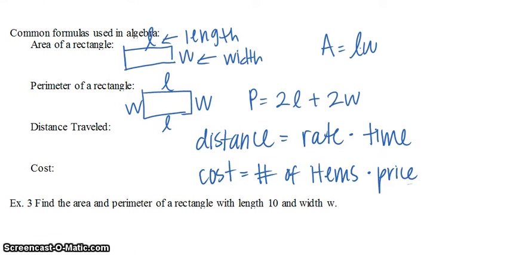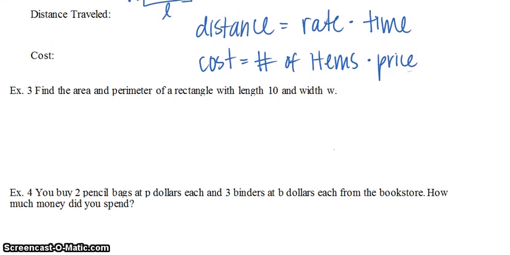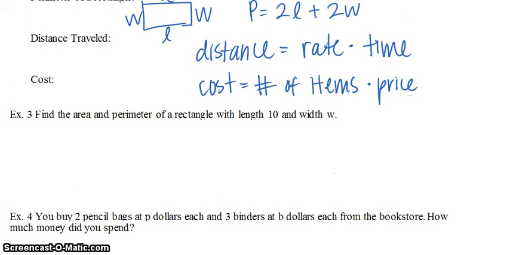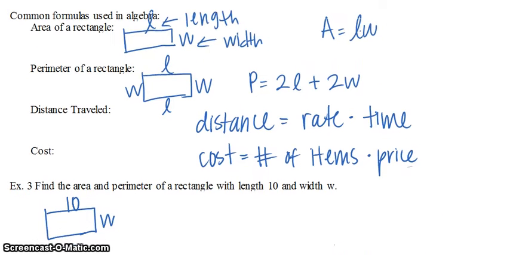So now we're going to get some actual problems, but again, we're just translating it. We're not going to be solving. It says find the area and perimeter of a rectangle with the length 10 and width of W. So we know that we have a length of 10 and a width of W. And we know that the area is length times width.